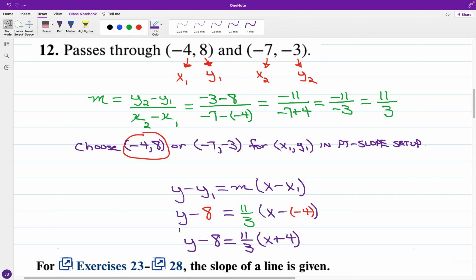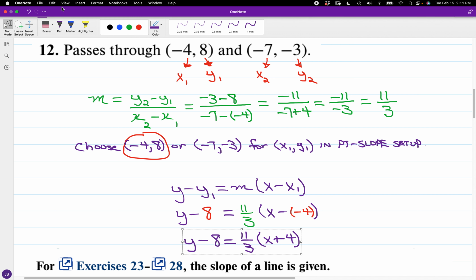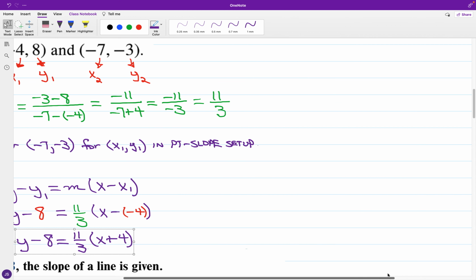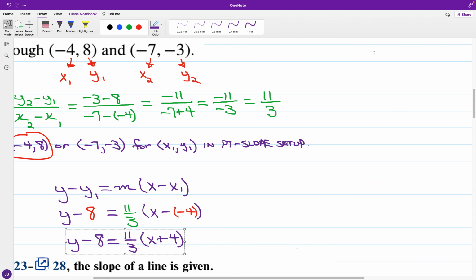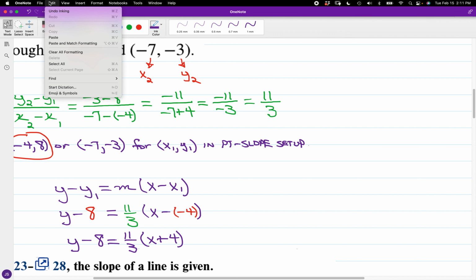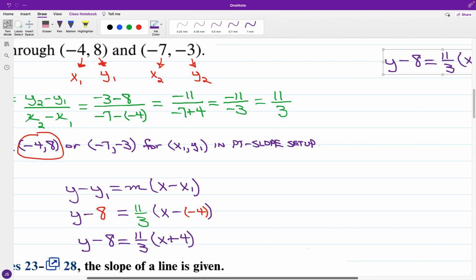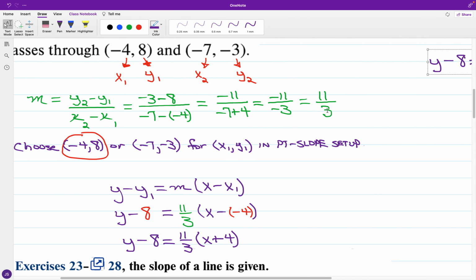Okay. Now, looking at following through and putting things in terms of the slope intercept equation. So just transferring over. Again, I determined the slope to be 11/3, and I could have chosen either ordered pair, and I went with (-4, 8) in the point slope setup. So I got the point slope equation.